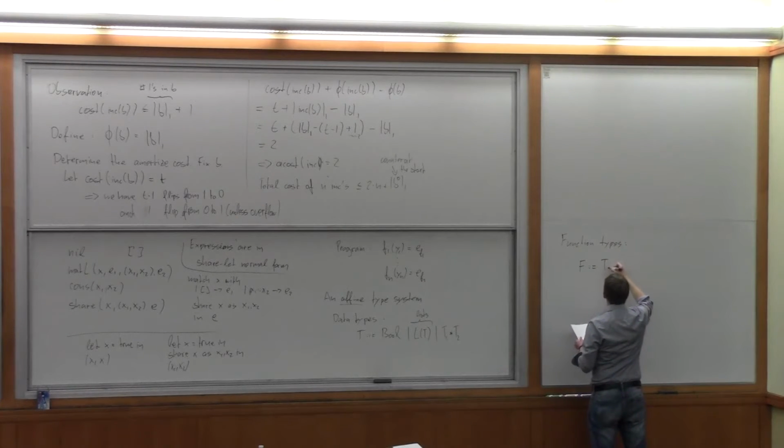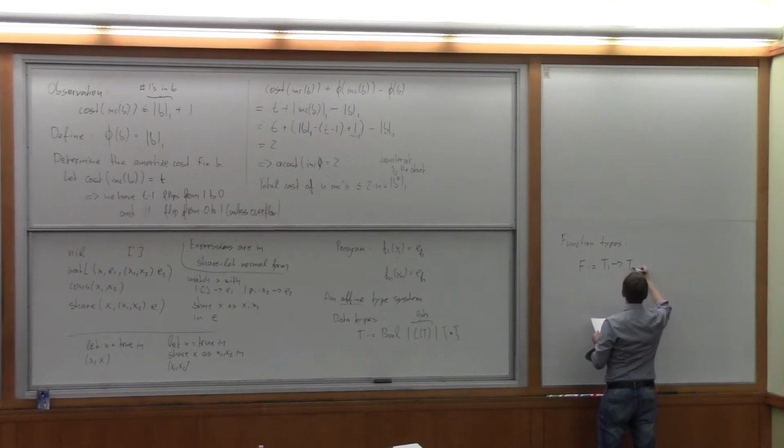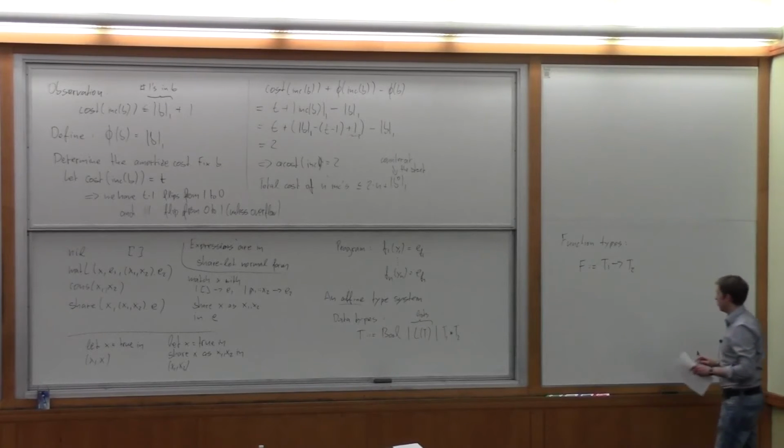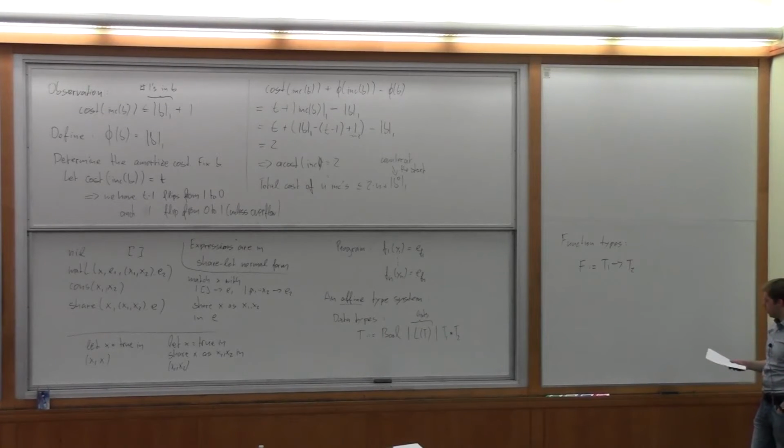Function types map these zero order types to zero order types, or data types to data types. So they can't be higher order.